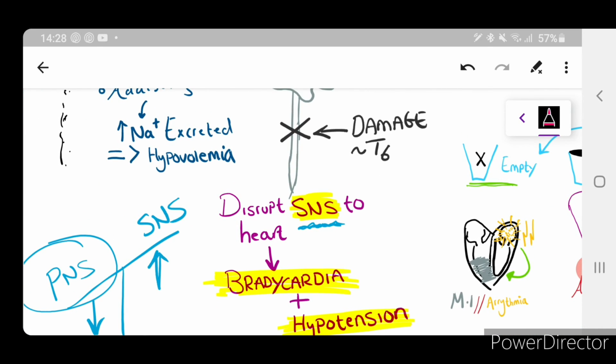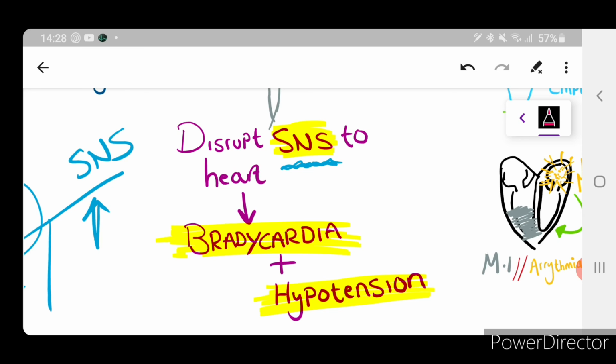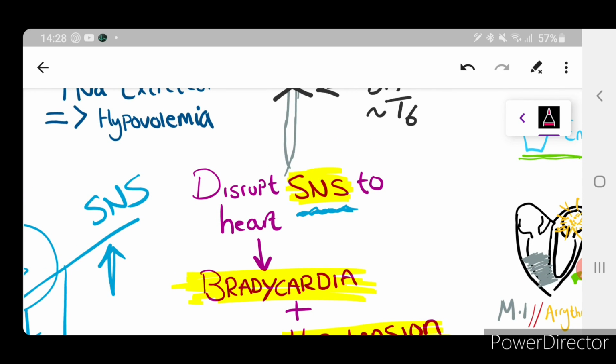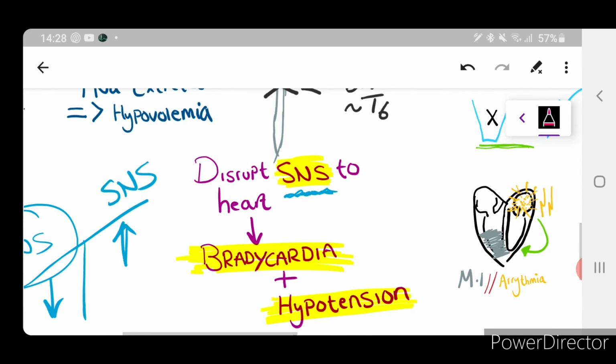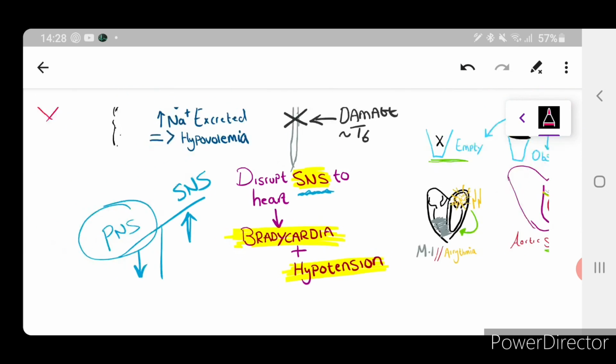So I'll put T6 here as being an example towards the heart. If this is damaged, you're going to damage the sympathetic nervous system and its innervation to the heart. Now, damaging this, what's going to cause? Bradycardia, hypotension. That's just going to decrease blood pressure and therefore decrease cardiac output and therefore causing shock.